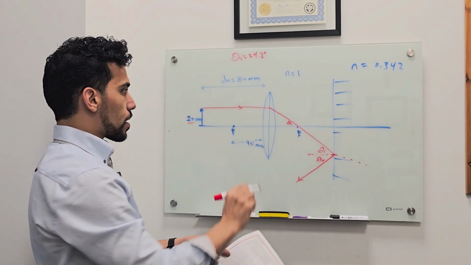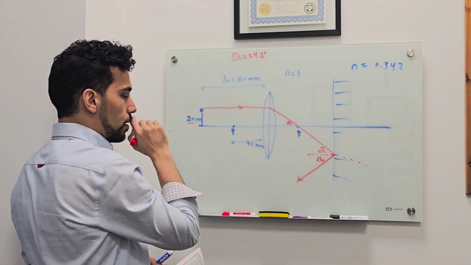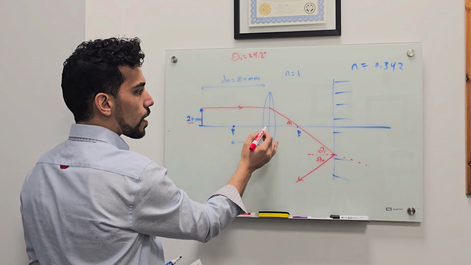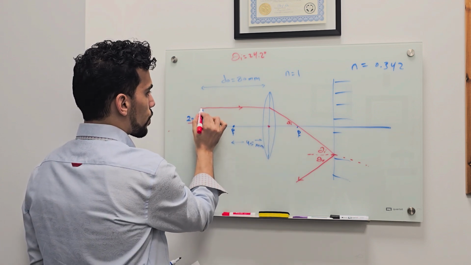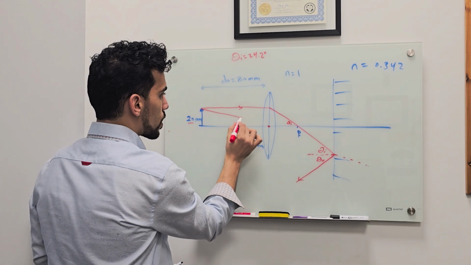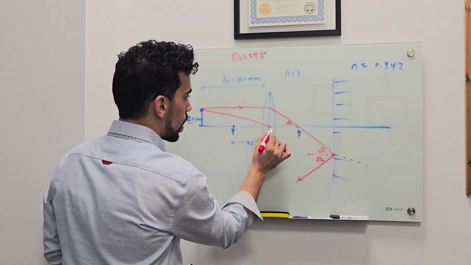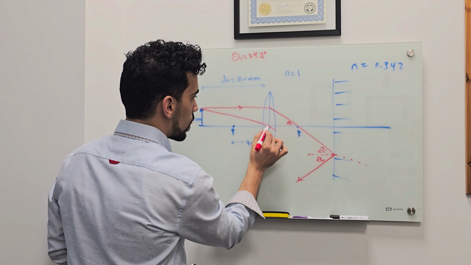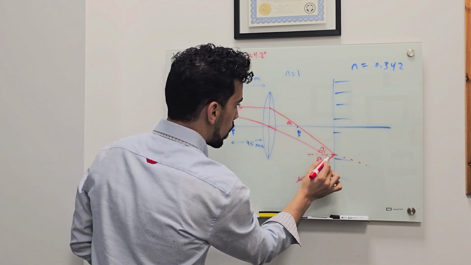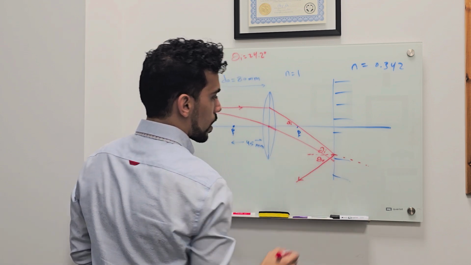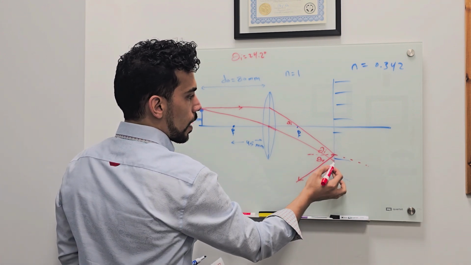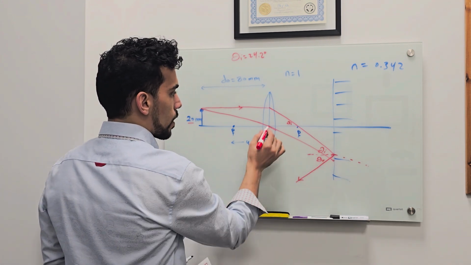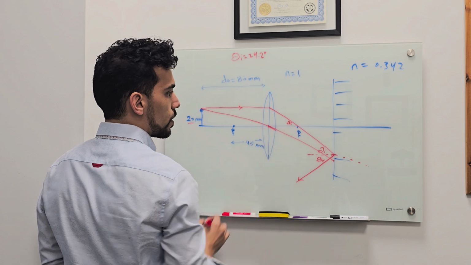After having this horizontal ray, we need another ray that goes through the center point of the lens from the tip of the object. So it's going like this, passing through the center point.